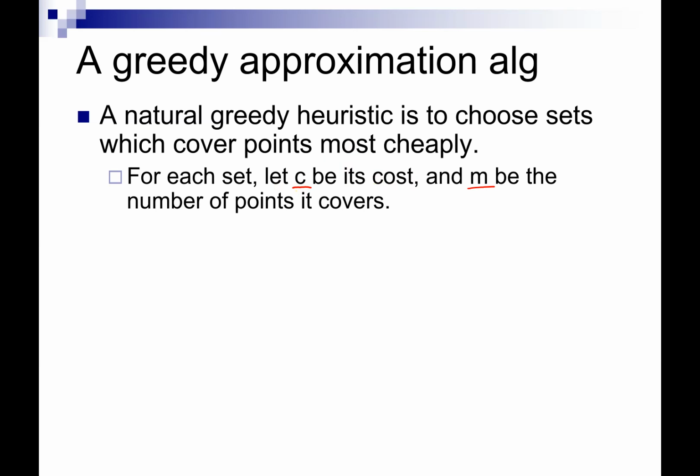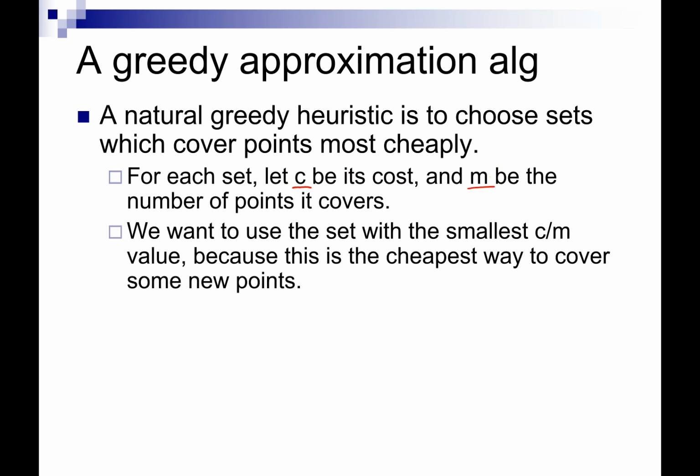The way we're going to measure how good this set is, is to look at the average cost of covering a point. Even if C is rather large, if this set can cover a huge number of points, it's still a worthwhile set to use. So the metric we use is C divided by m, the average cost for this set to cover each element.